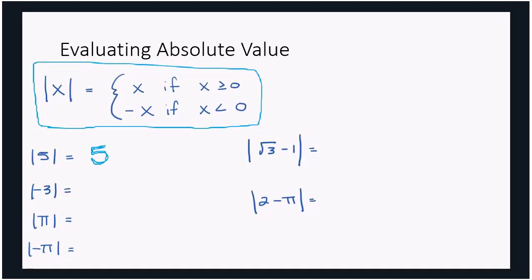Next, the absolute value of -3. That's going to take into account this rule here, which states that to find the absolute value when your number is negative, put a negative sign in front of it. So that's what I'm going to do. I'm going to take -3, which was in my absolute value bars, and I'm going to put a negative in front of it, like that.